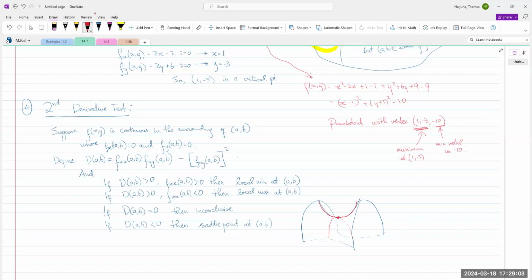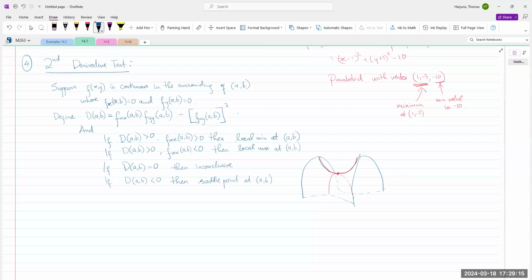Now, let's try using this second derivative test for our example number 1. Oh, you know what? Before I go on, this is important. Note that the discriminant D(a, b) may also be written as f sub xx(a, b), f sub xy(a, b), f sub yx(a, b), f sub yy(a, b) in determinant form.